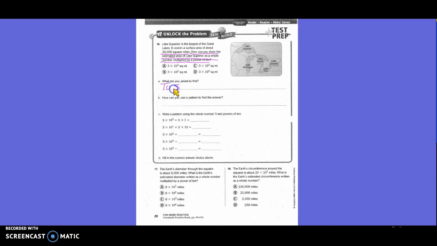So to show the estimated area of Lake Superior multiplied by a power of 10. Okay, so how can you use a pattern to find the answer? So how can we use a pattern?